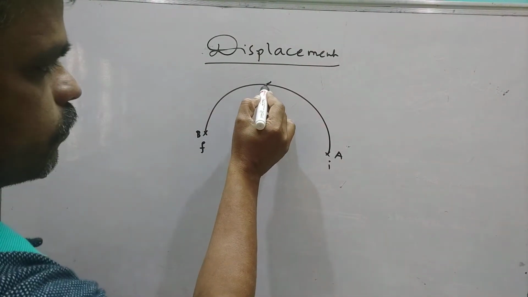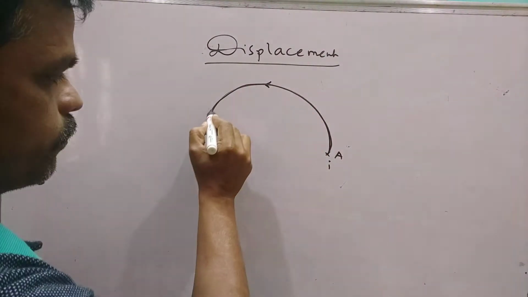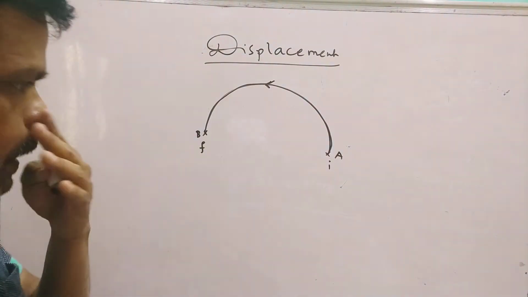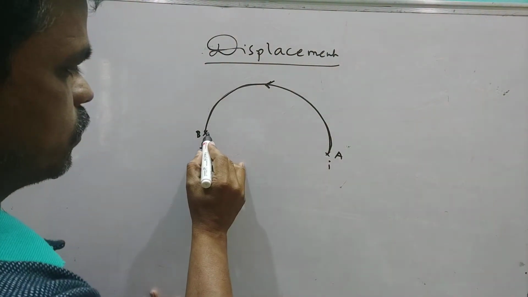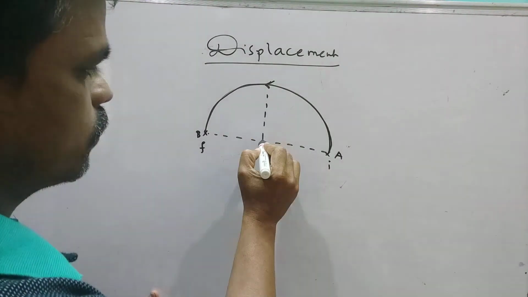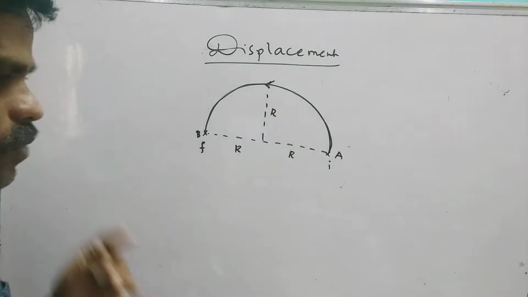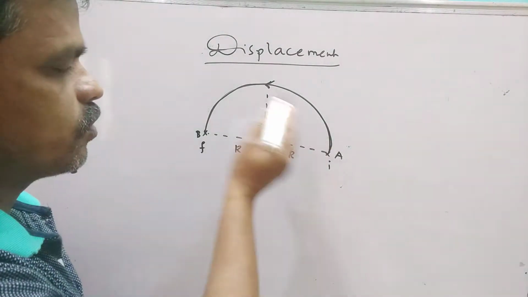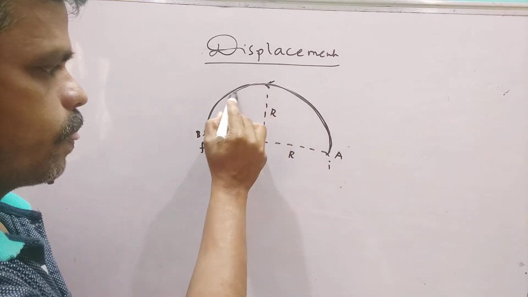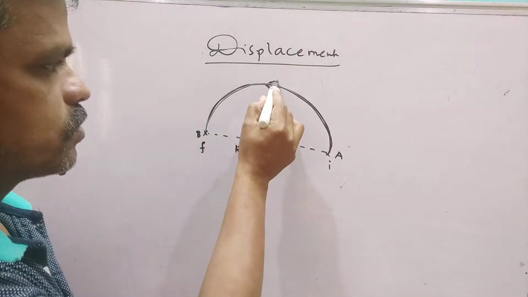So distance is a path dependent physical quantity. For example, this is a semicircle of radius capital R. What about distance? So the distance from point A to point B is path dependent.